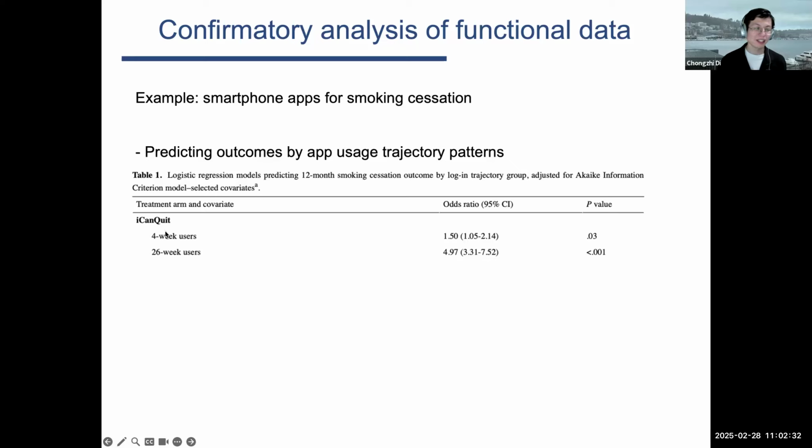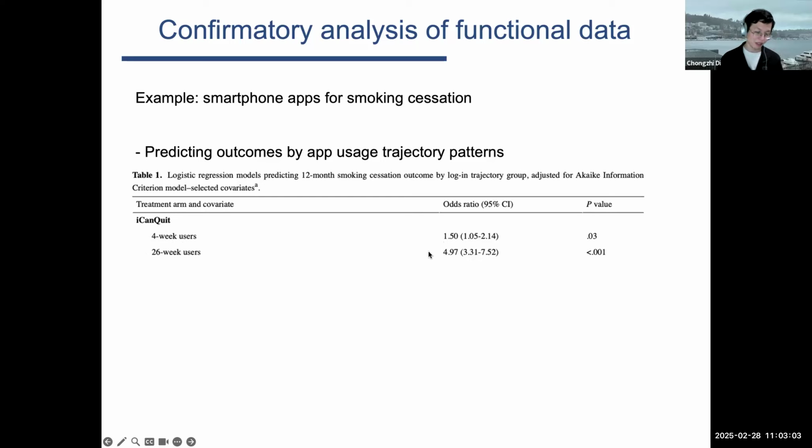So 4 week users have a higher chance of quitting smoking, and this is statistically significant. And the 26-week users, who are really more consistent users of the app, have an even much higher chance of quitting smoking. The odds ratio is almost 5, and it's highly statistically significant. The confidence interval lower bound is 3.3, the upper bound is 7.5.